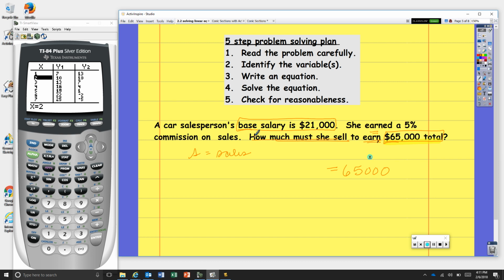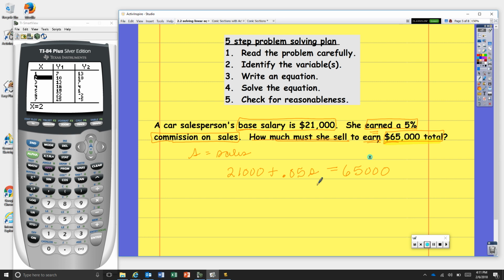That no matter what, you earn $21,000 for the year. Then she earned a 5% commission on sales. And 5% is 0.05 as a decimal, and on sales is times sales.